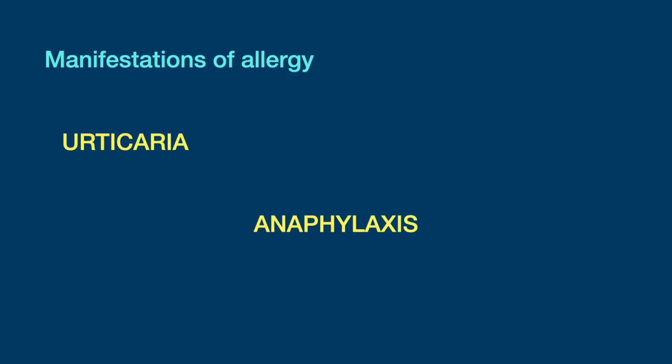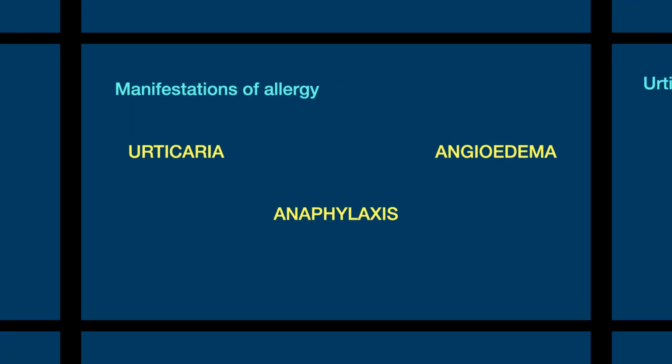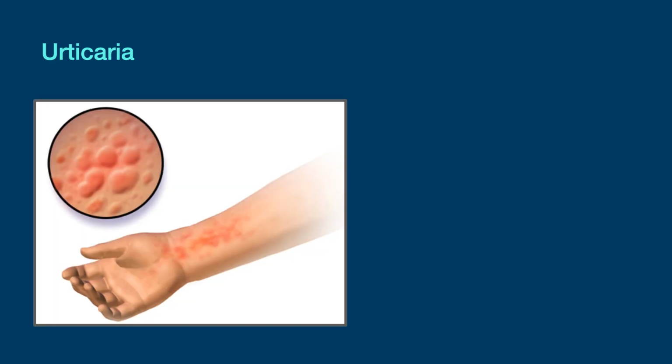Manifestations of allergy. These are urticaria, anaphylaxis, and angioedema, and are amongst the clinical manifestations of an allergic reaction depending on the severity of the reaction. Urticaria is a transient erythematous swelling of the skin associated with itching which usually resolves within 24 hours.